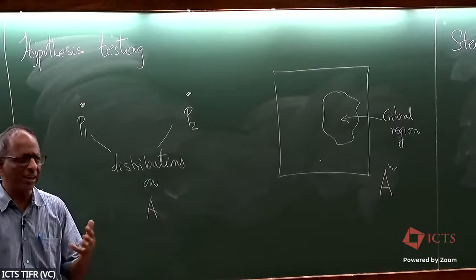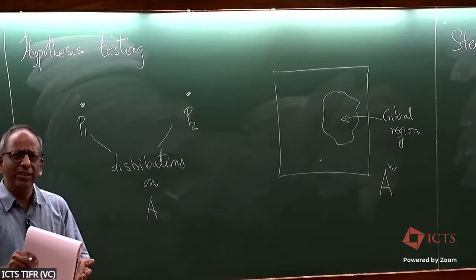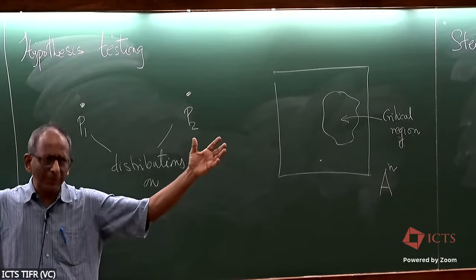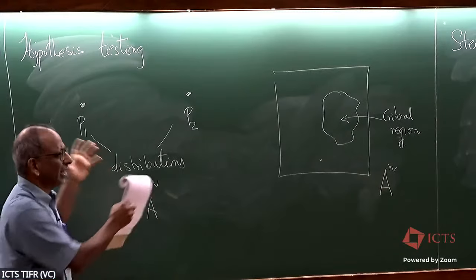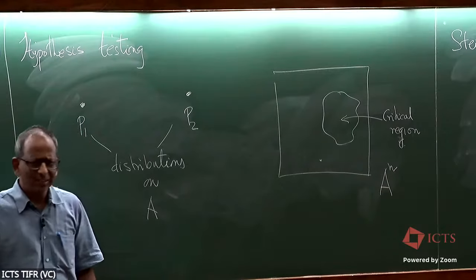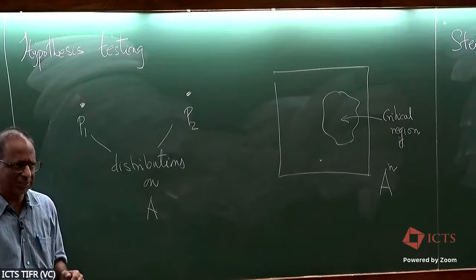And what does harder mean? That means you will need many more samples to distinguish them. And if they are already very far away, then maybe a few samples will suffice.